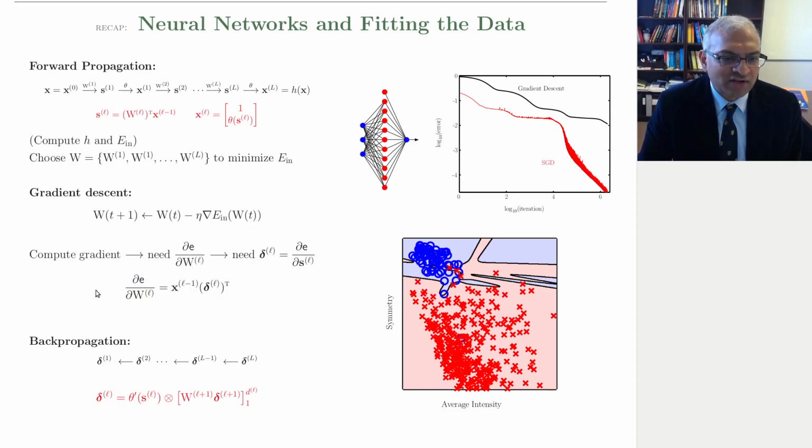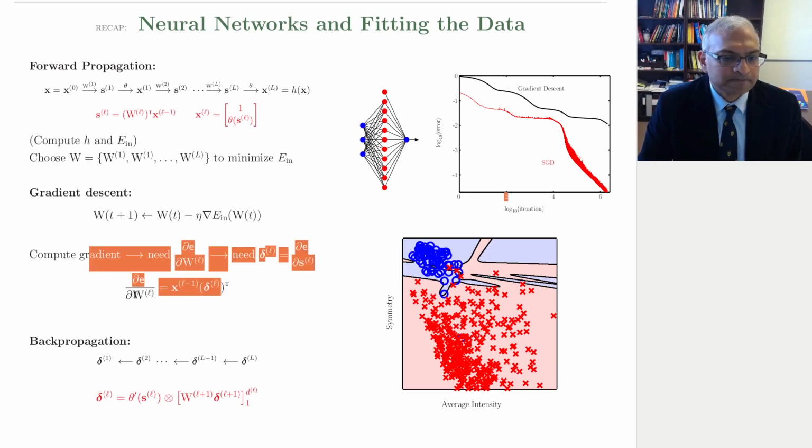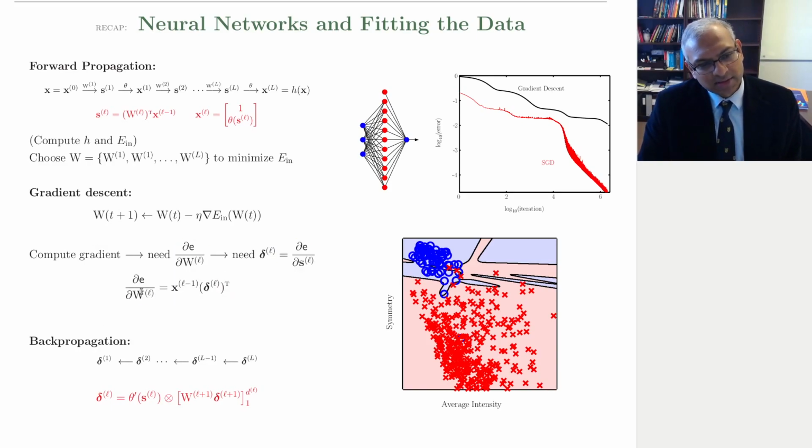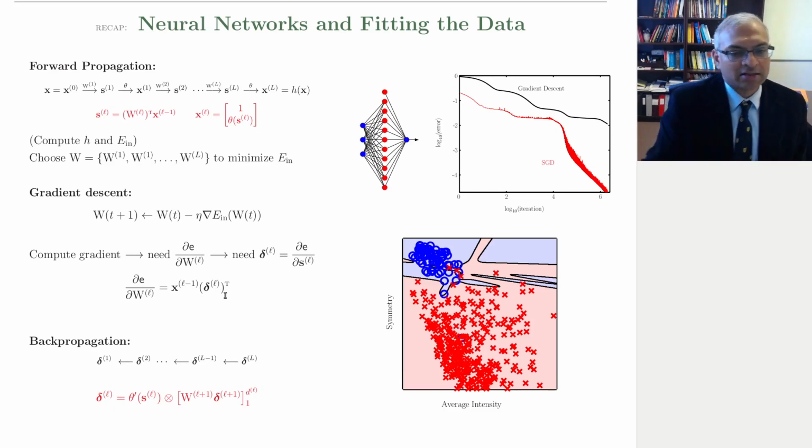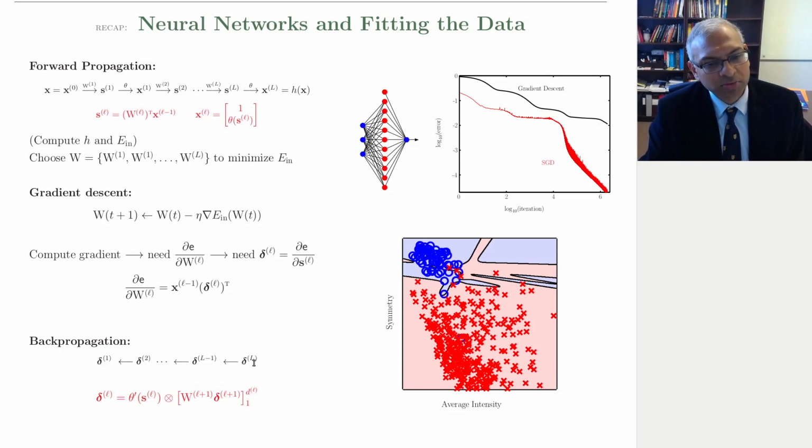And we derived this fundamental equation here, which is that the derivative of the error with respect to the weights is the output of the previous layer multiplied by a sensitivity that's specific to the layer into which the weights are going, this delta_l. And the meat of the backpropagation algorithm is a dynamic program, a backwards flowing algorithm that starts by computing delta for the output layer and then goes backwards one by one and computes all the deltas. So that's the backpropagation algorithm.